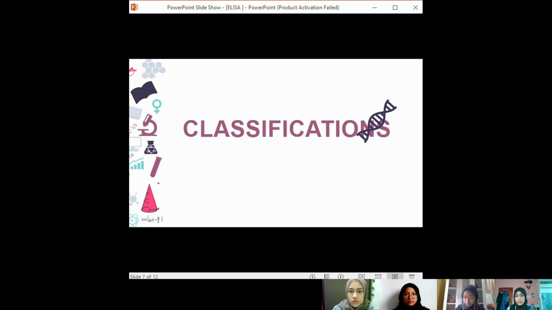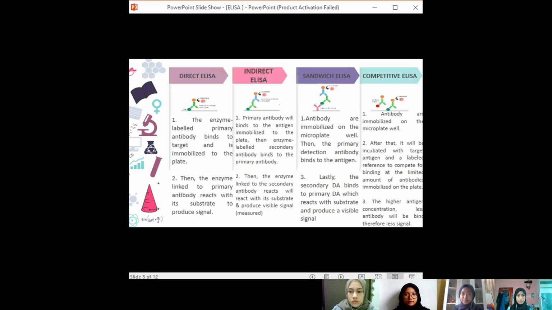Next is classification of ELISA. Hello, so now we are moving forward to see the classifications of ELISA. Okay, so there are four types of ELISA, which are direct ELISA, indirect ELISA, sandwich ELISA, and competitive ELISA.